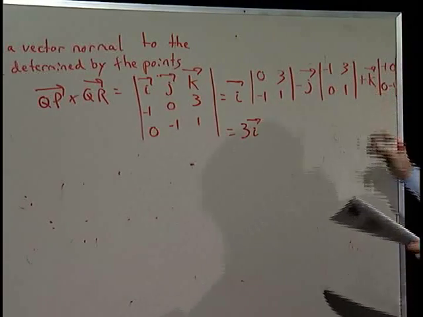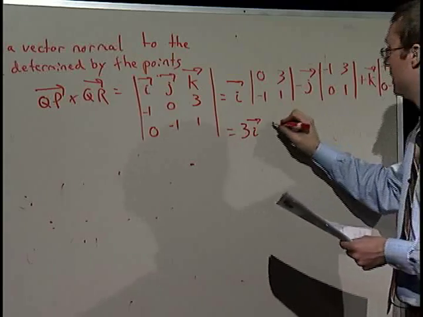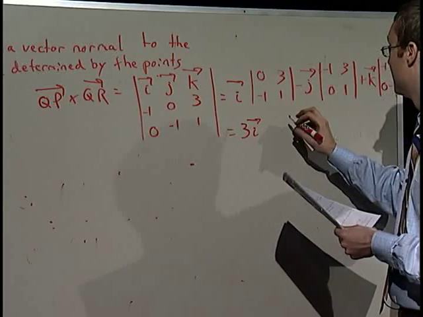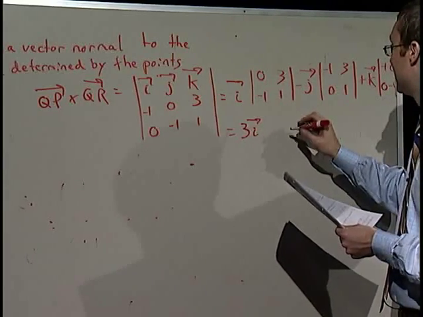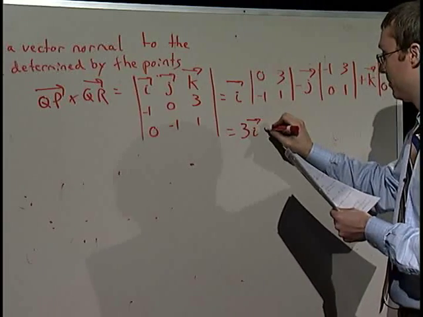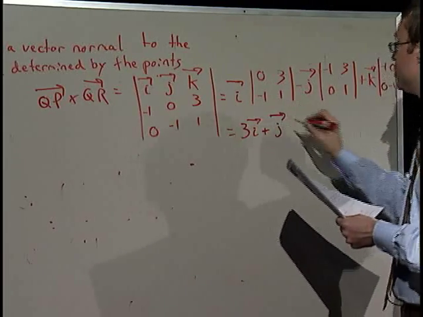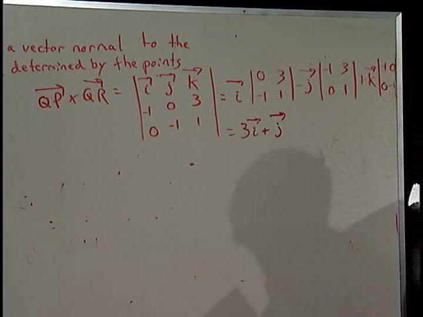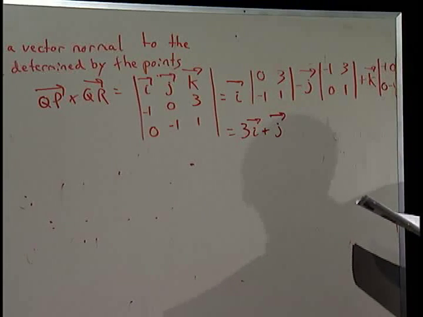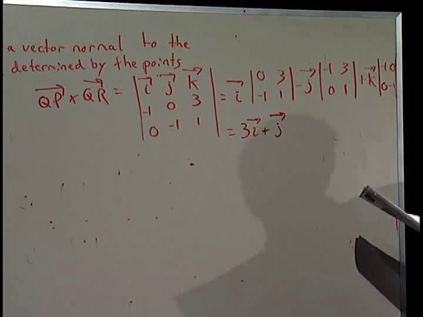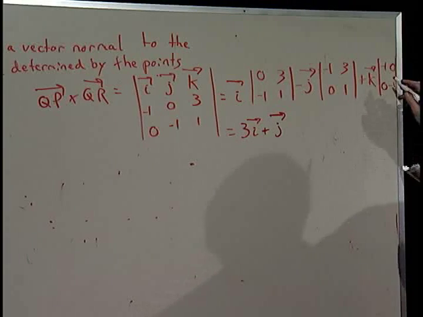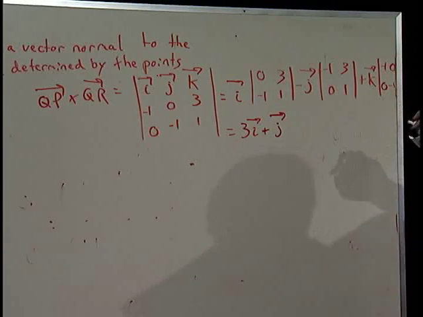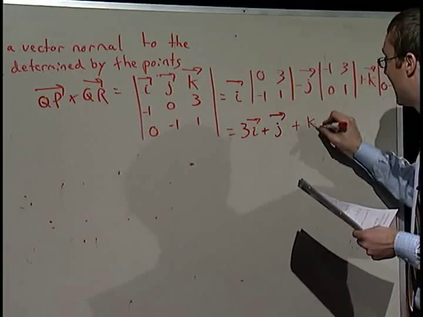So that's negative 1 minus 0, so that should be plus j. Negative 1 times 1 minus 0 is negative 1, times a negative is a positive j. That sounds right. And then over here, positive 1 minus 0 should be a positive k.